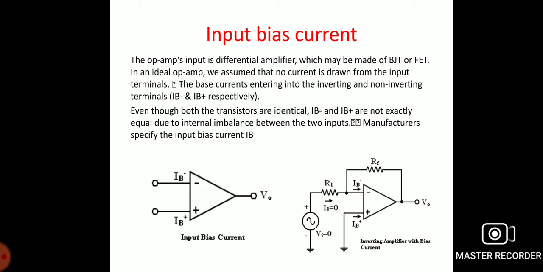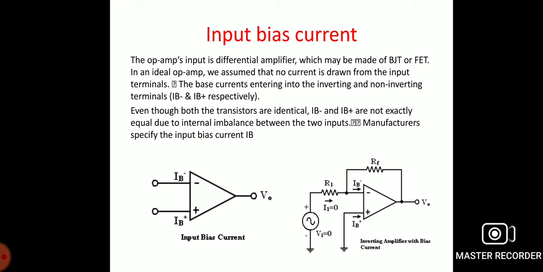Even though both transistors are identical, IB minus and IB plus are not exactly equal due to the internal imbalance between the two inputs. So the manufacturer specifies the input bias current IB.